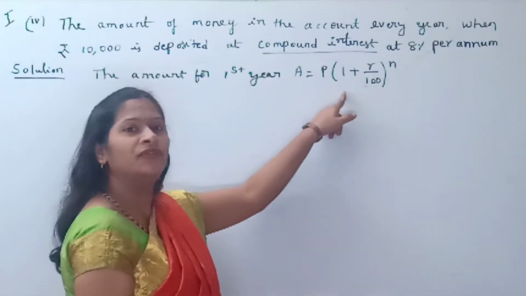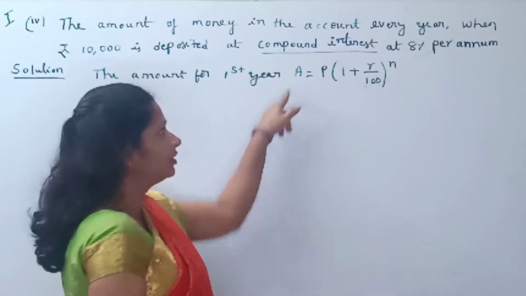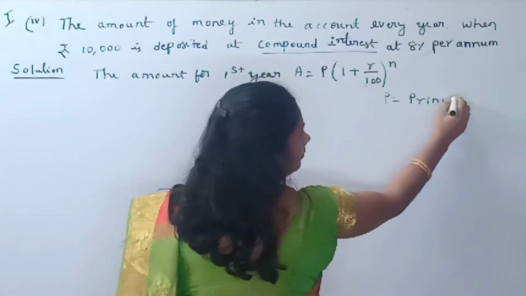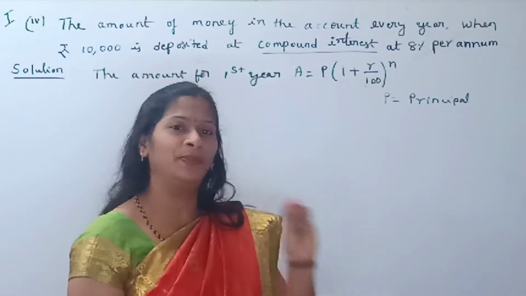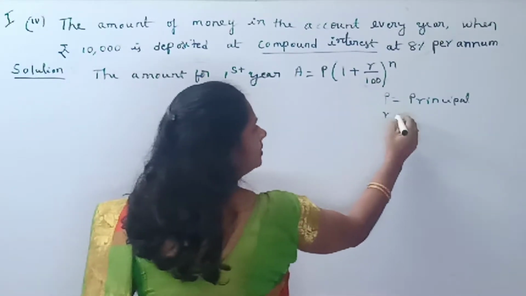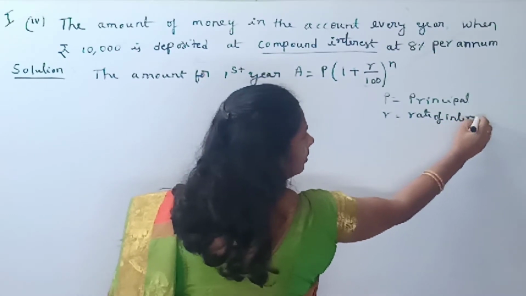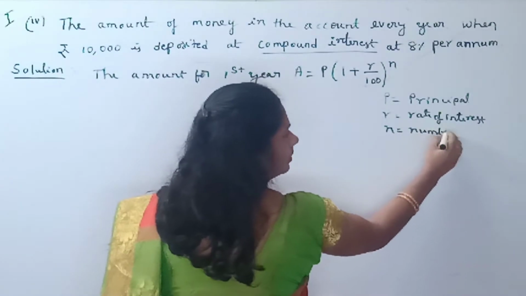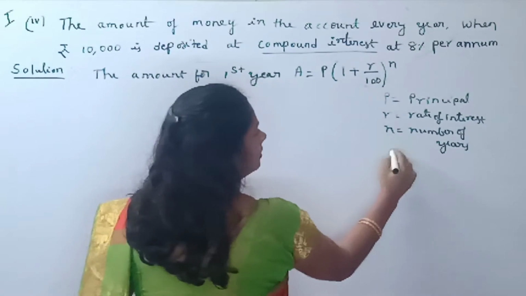Using this formula we can calculate the amount, where A is amount, P is principal amount, that means the amount which you deposited in the bank, R is rate of interest, and N is number of years.